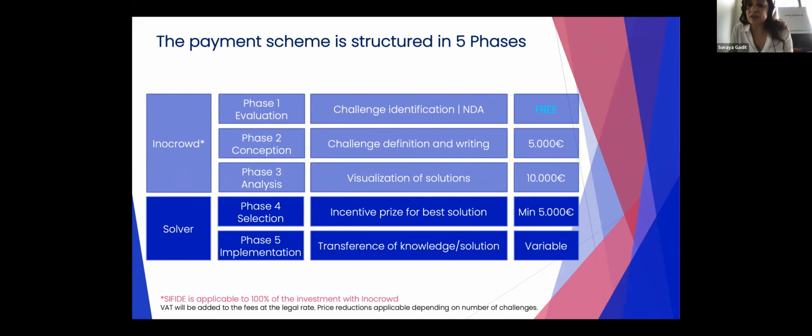And for the solver, the researcher, they have to pay a prize, an award, between 5,000 euros and 50,000 euros. And they also have to give the solver the IP, the patent if they have one, or if they don't have one, the transfer of the knowledge.